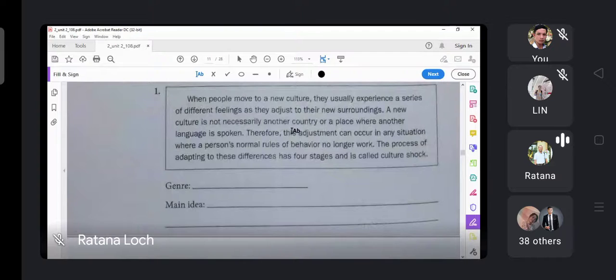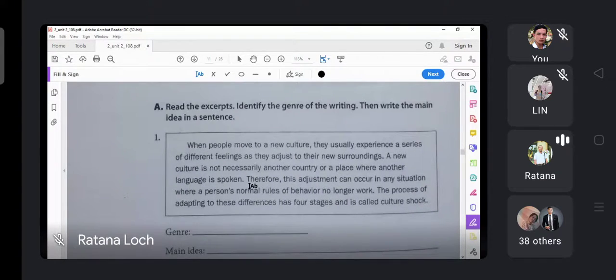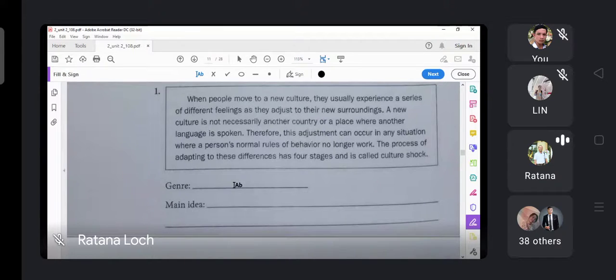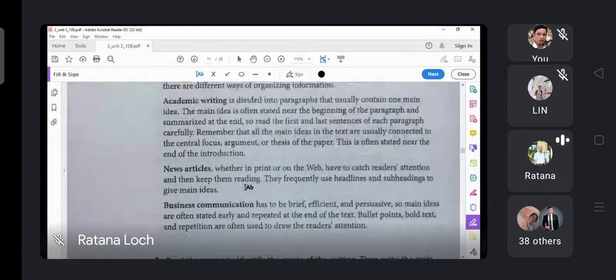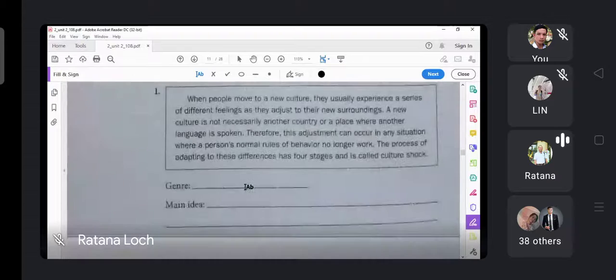If you look at the contents, if you are not sure about academic writing, you can just put, for example, talking about culture shock.